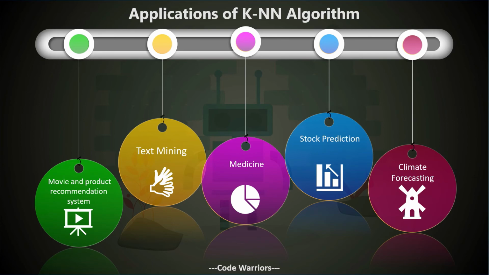In agriculture, farmers depend on climate very much, because climate is very crucial for the crops. So it is also helping in the agricultural field through climate forecasting. So these are some applications of the KNN algorithm. There are many more applications.